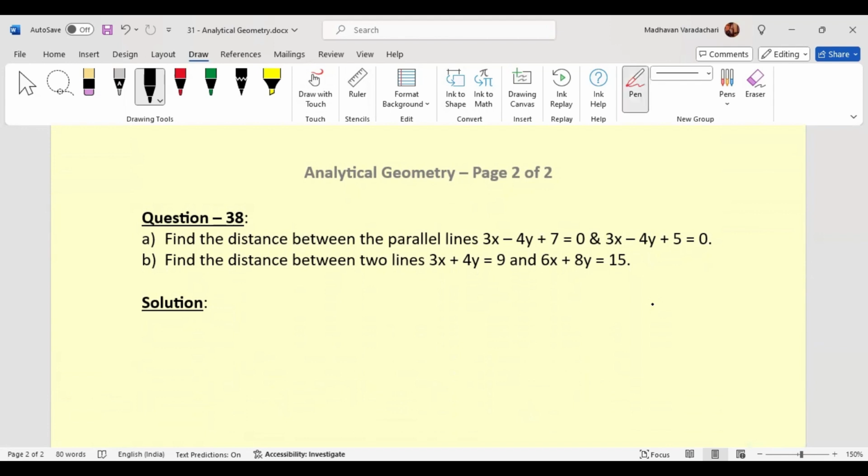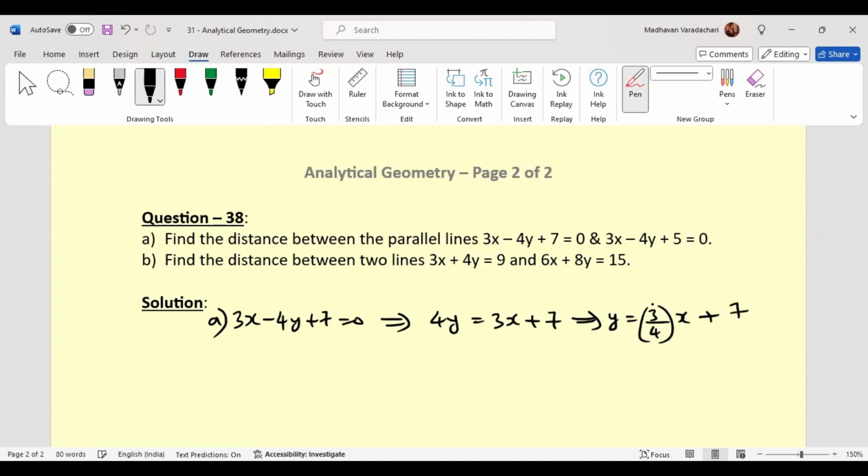Let us consider the line 3x minus 4y plus 7 equal to 0, which means 4y is 3x plus 7. That means y is 3 by 4 times x plus 7 by 4, which means our m value is 3 by 4.